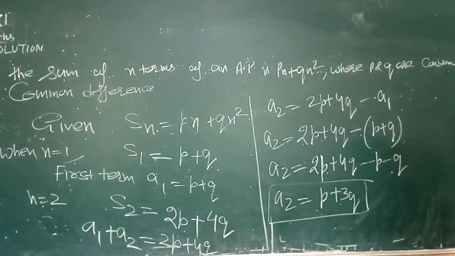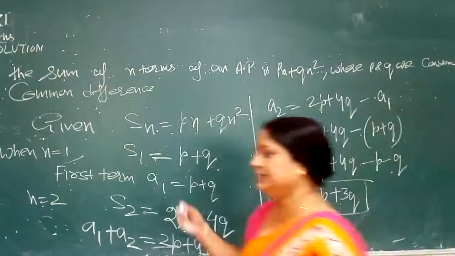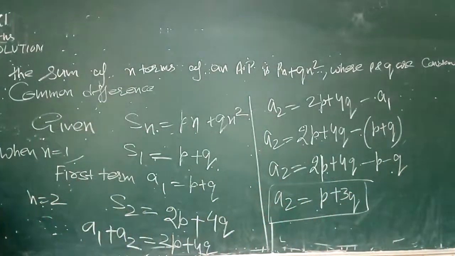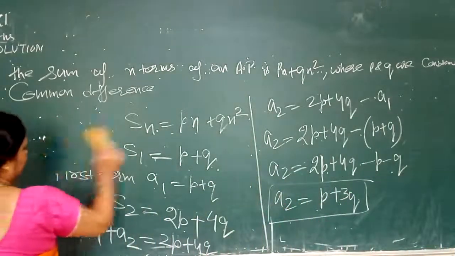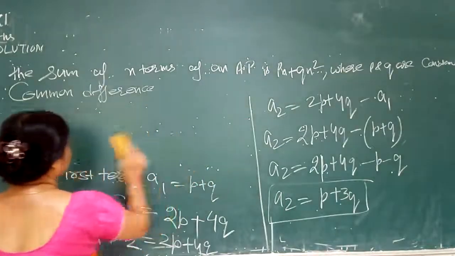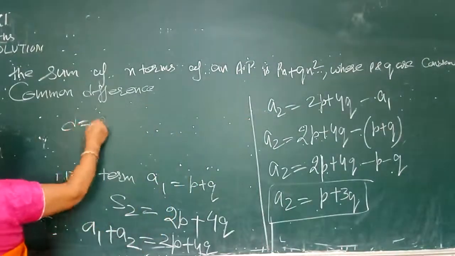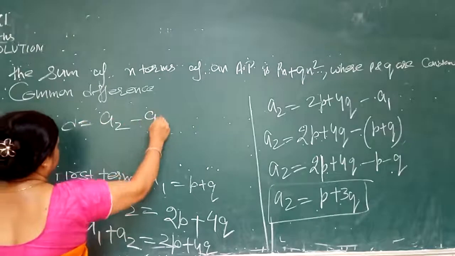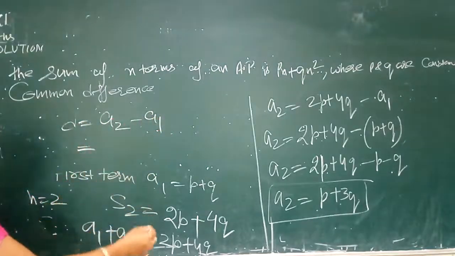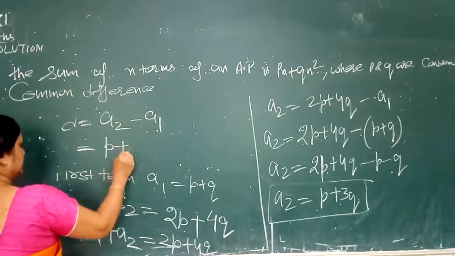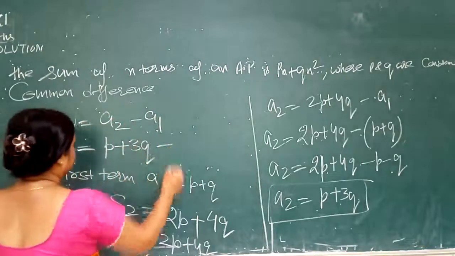Now we will find D here. How can you find D? D is the common difference between two terms. That is D equal to A2 minus A1. So what is A2 here? That is P plus 3Q. And what is A1?